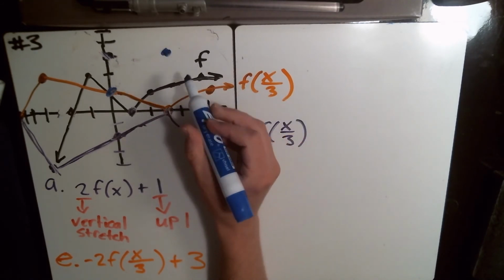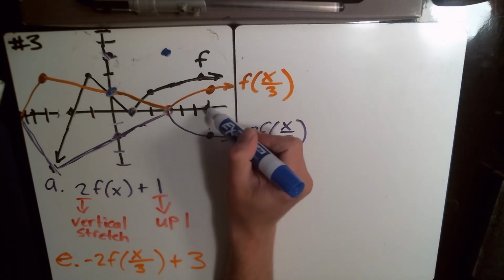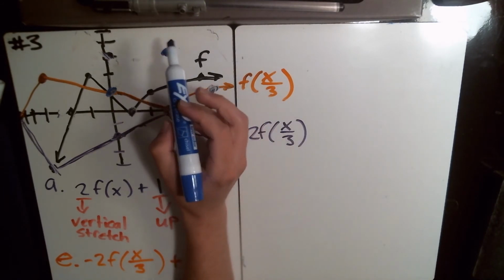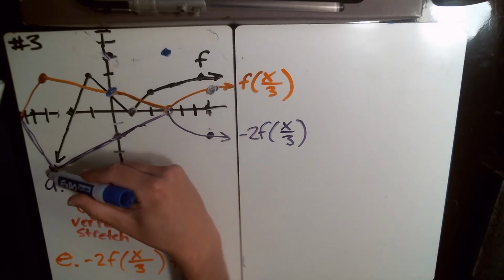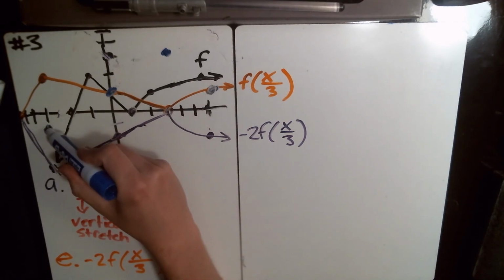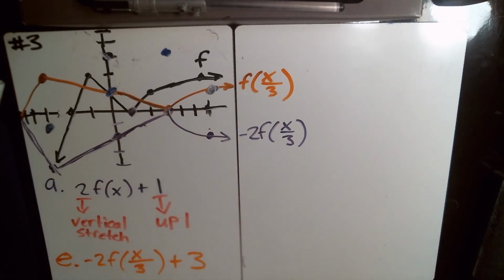And then 1, 2, 3. And then it should be here at negative 1, 1, 2, 3 is going to be up there.